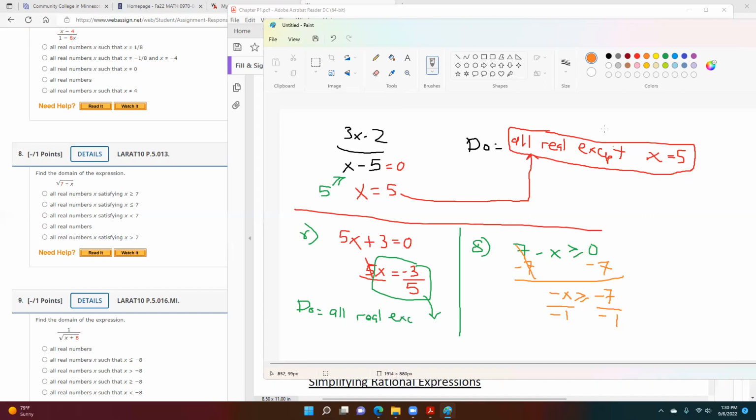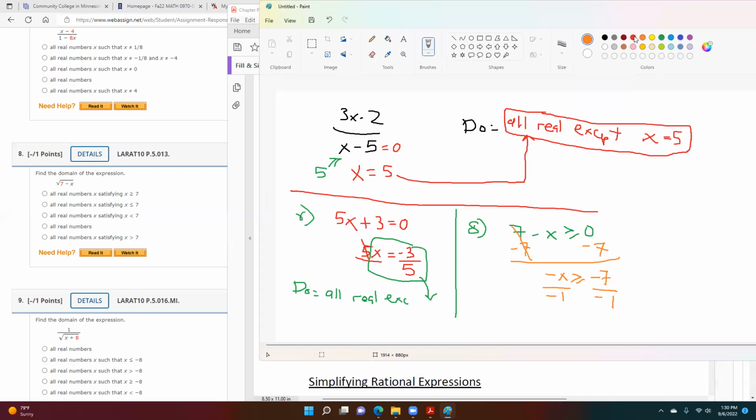Now, this is very important. I know you guys remember this from your high school algebra class. When you divide or multiply with a negative number, if you're doing inequalities, your inequality has to be switched around. So this is very, very important. Make sure you guys know this. It is one of the important rules when you multiply or divide with negative numbers for inequalities.